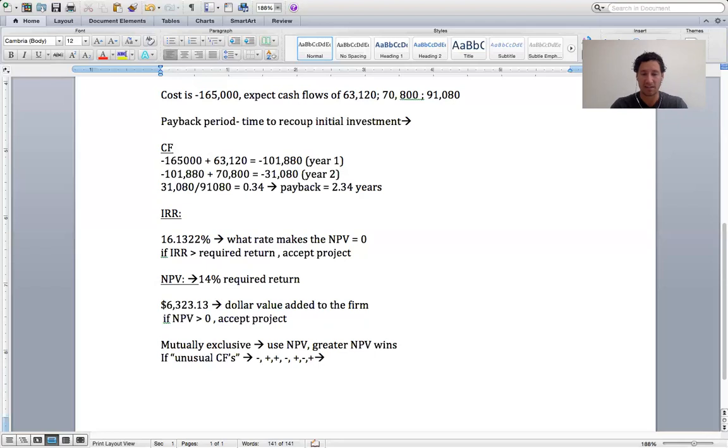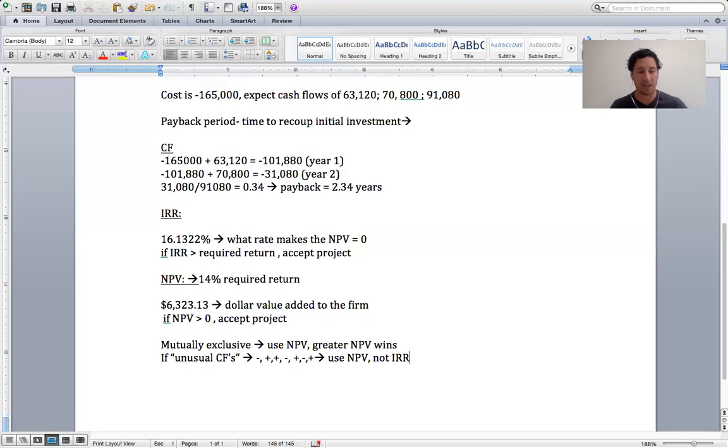If that's the case, you need to use NPV and not IRR. With IRR, you have multiple times that it forces NPV to equal 0, and we won't get into the math behind it. Just trust me.